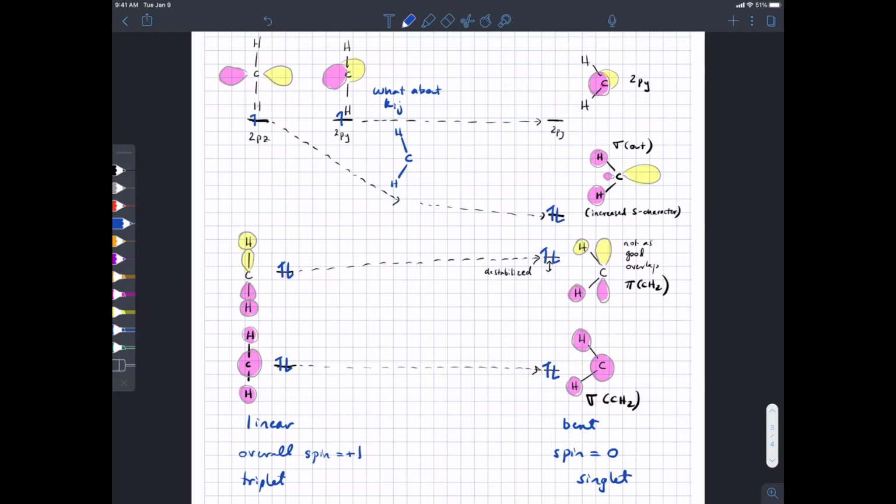You would predict that at that stage, your 2py orbital would remain unchanged, and the 2pz orbital would go down a little bit in energy. And maybe at that stage, that combined with the extra K is enough to make the triplet state better than this one. Because you're right, this diagram does not capture that issue at all.